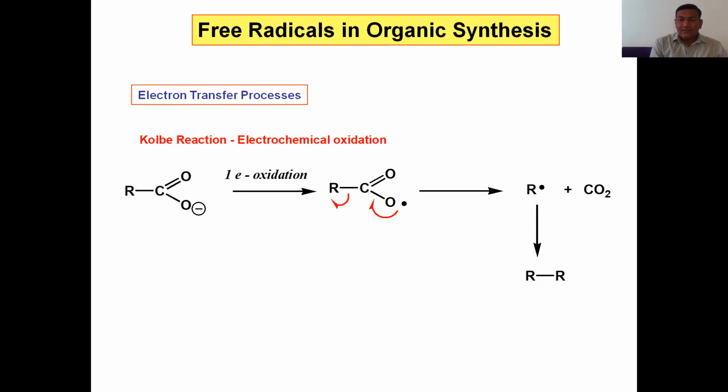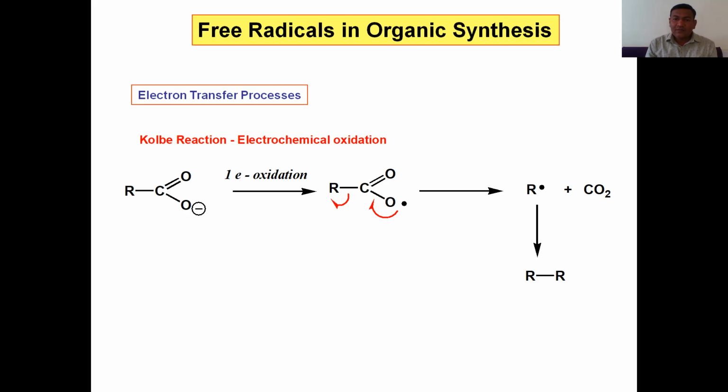Using this radical, we can do some reactions, electron transfer processes. One reaction is the Kolbe reaction. There you can see electrochemical oxidation of acetic acid. There will be one-electron oxidation, meaning one electron will be removed, and there will be formation of radical.